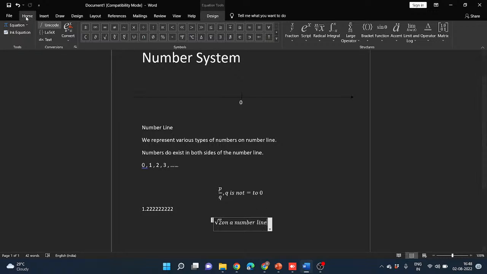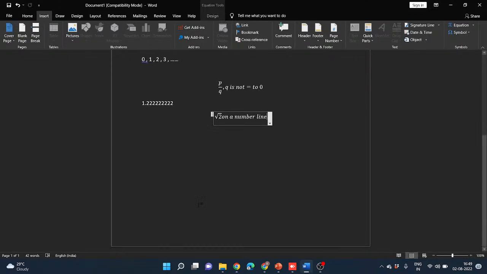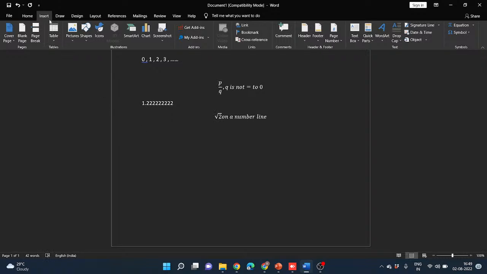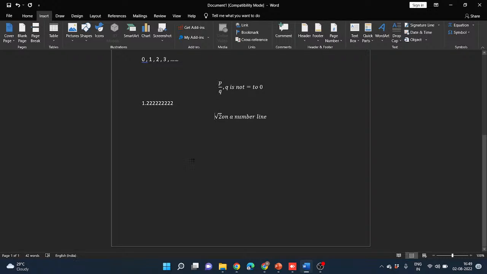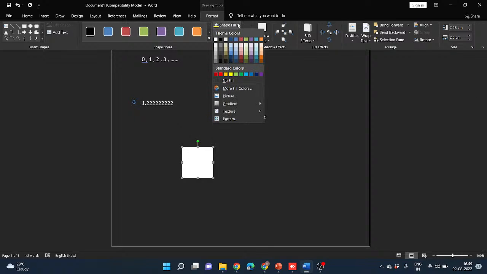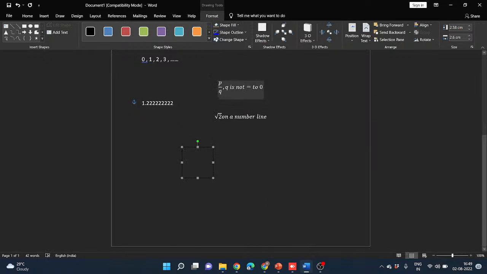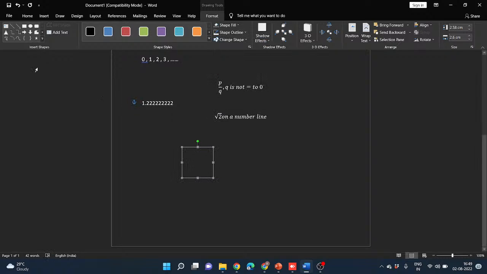Let's say we are having a square. This is the square, and its side length is 1 unit.